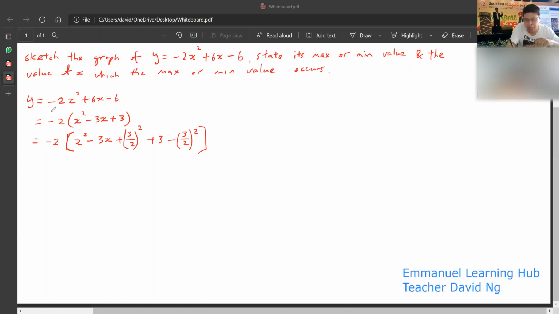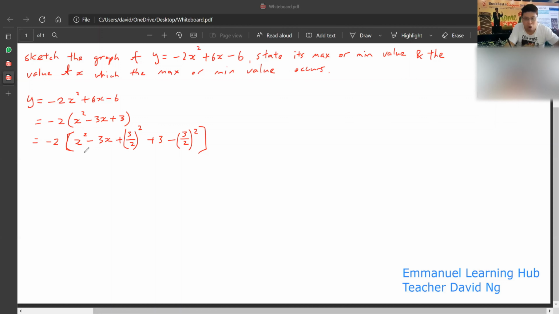So even if the coefficient of x squared in your original expression is negative, it's okay. You can make it positive by factorizing out a negative coefficient. Another thing, when you are completing the square, your coefficient of x squared must be 1. You're aware of that, right? Yes, it has to be a 1.